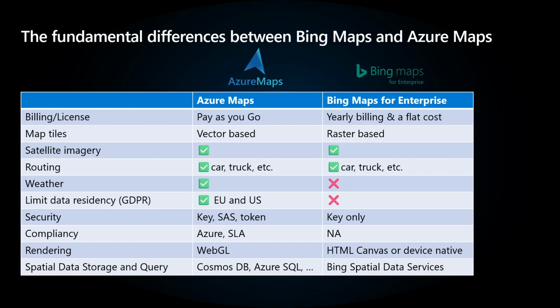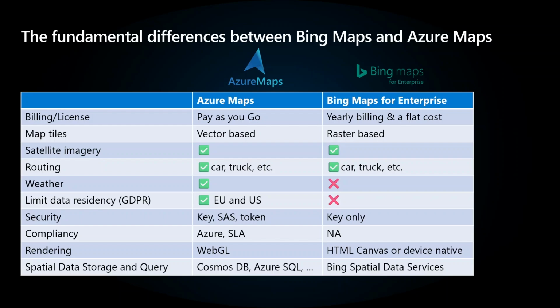If you compare satellite imagery, that's exactly the same between Azure Maps and Bing Maps for Enterprise. The same goes for routing. If you're using truck routing or car routing in Bing Maps for Enterprise, the same thing can be done in Azure Maps.